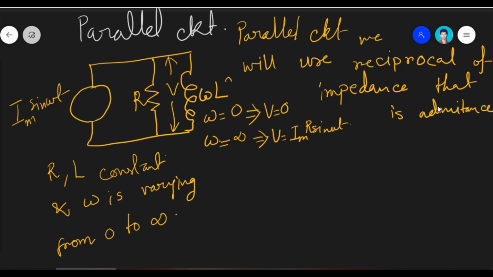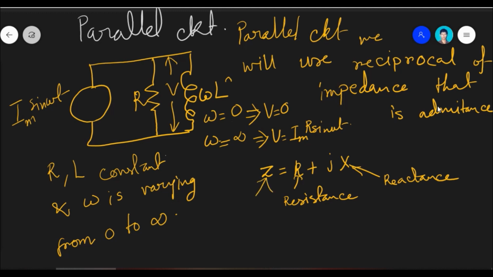And we know what impedance is. Impedance has two parts. Z is equal to R plus jX, where R is resistance and X is reactance.